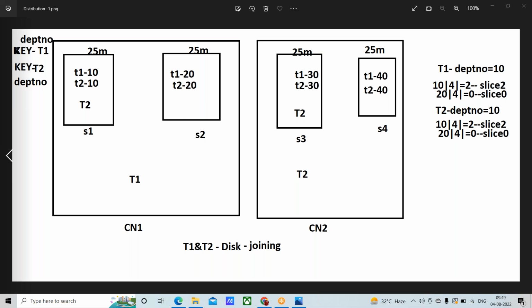But in each room, people are from the same department. Yes or no? Yes, sir. Similarly, the department table is also distributed based on department, so the sales department record will go to the sales room only, right? Yes.